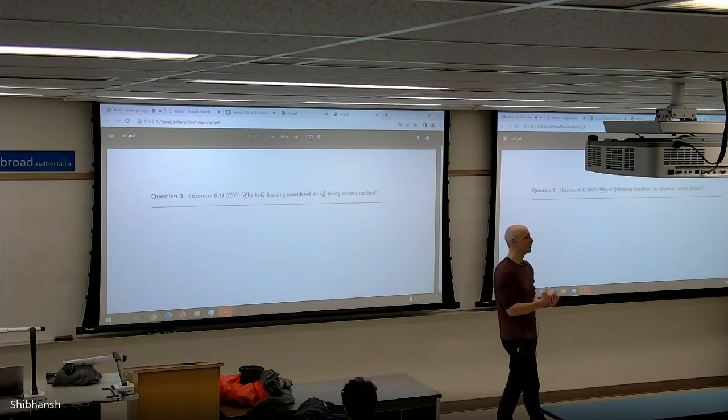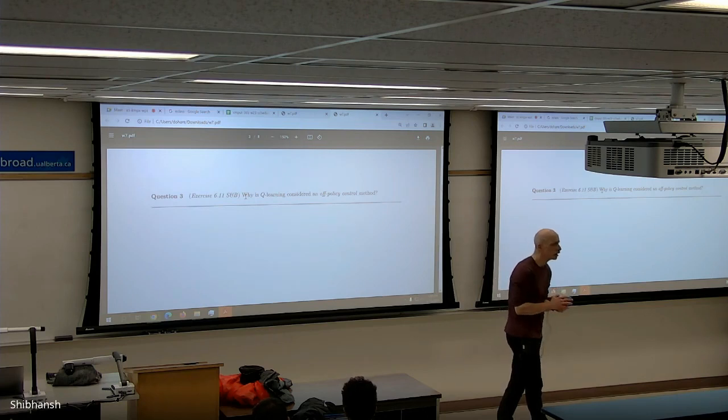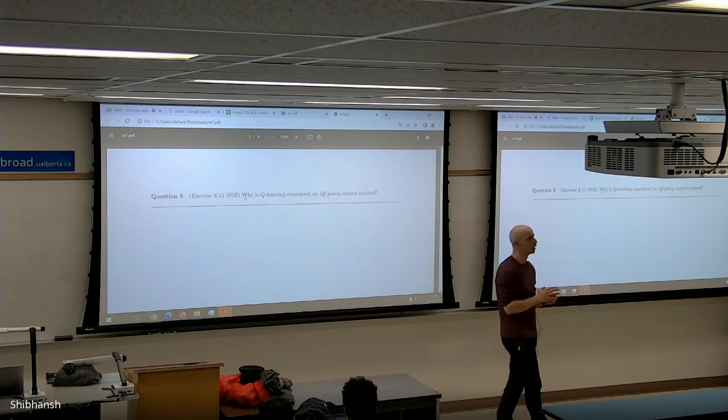I think you know, but when do people call something off-policy? We have seen this word before. Like an algorithm is an off-policy method, they would say. For example, for value prediction, TD learning, you can also have an off-policy method.